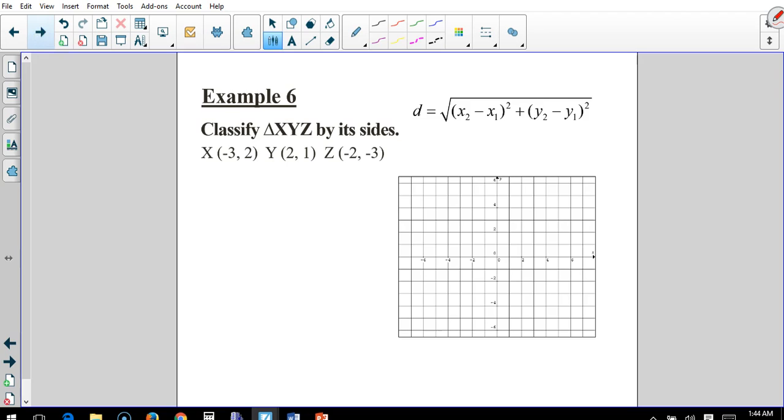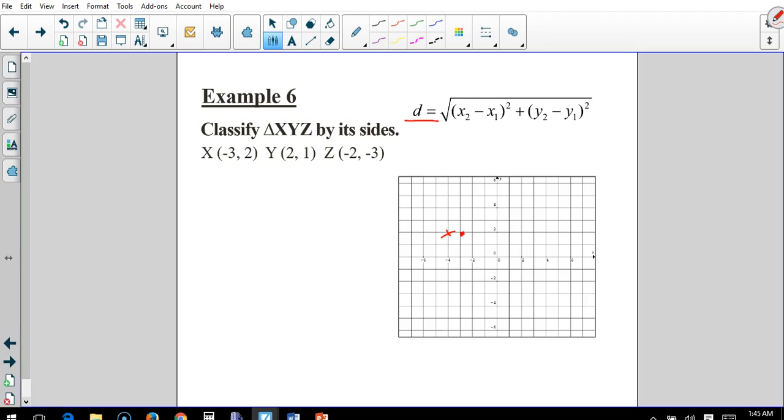Example 6. This, if you remember, is the distance formula. So we could put this on the grid, we don't have to. So negative 3, negative 2, very hard to read, but this is negative 3, positive 2 is right here, that's x.